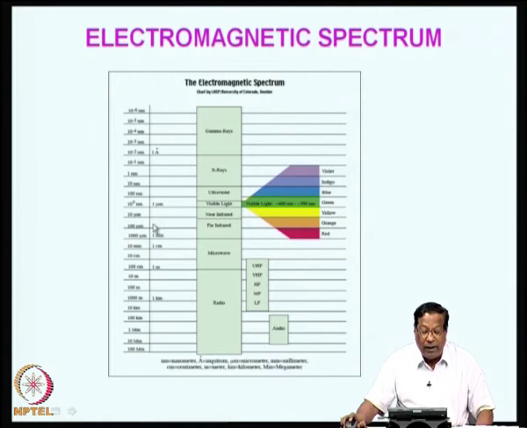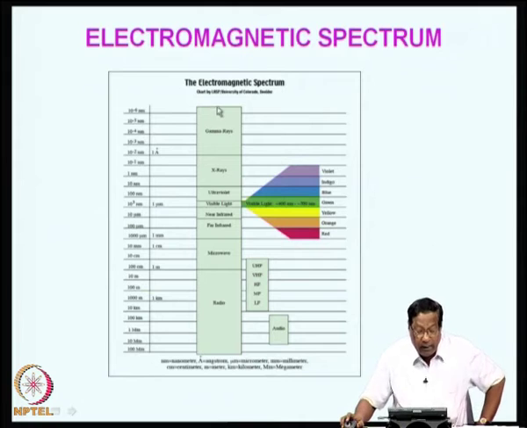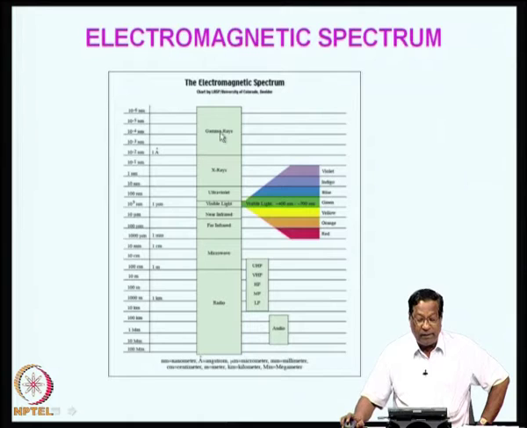You can define it in terms of angstroms, micrometers, and then millimeters, centimeters and meters, etc. And you can define them in terms of specific radiation such as gamma rays, X-rays, ultraviolet, visible light, near infrared, far infrared, then we have microwaves, and then we have radio waves.